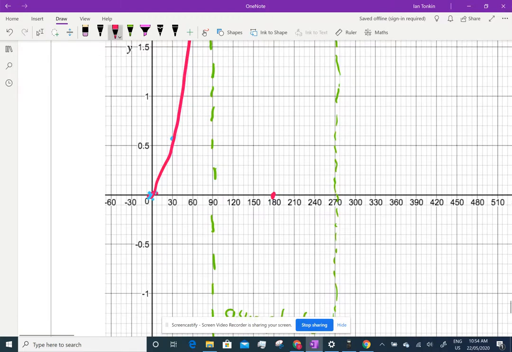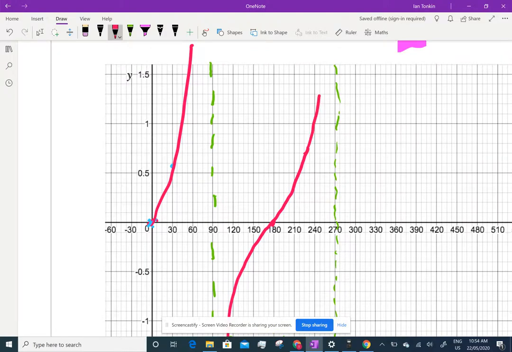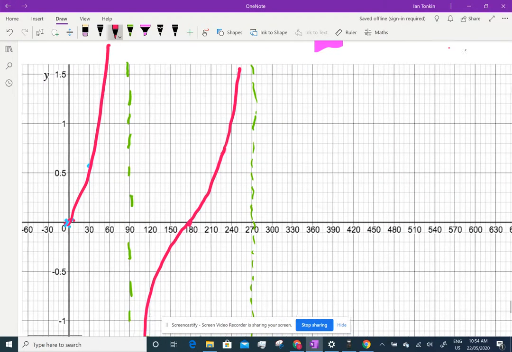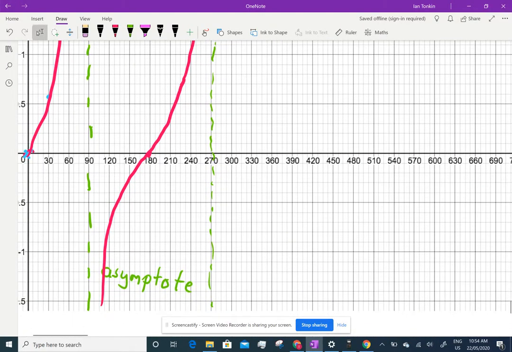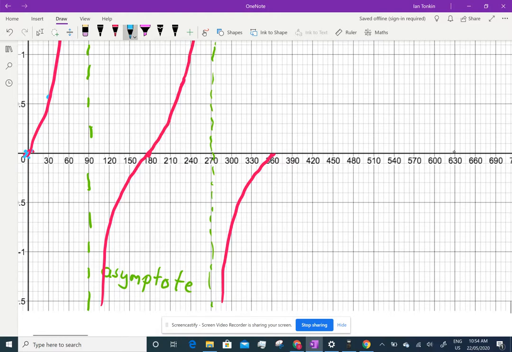I'm not going to plot the other points because I want to get a nice smooth sketch. And it's going to go like that. And then we know it hits 360 at 0 again. So it's going to go. And what would it do after that? It would keep on repeating because these are periodic functions.